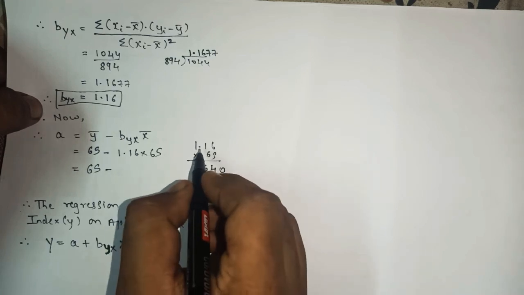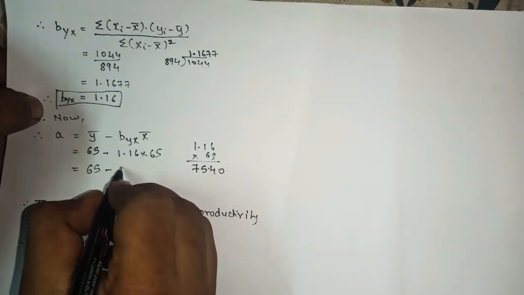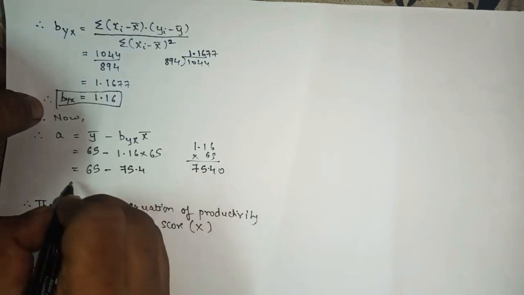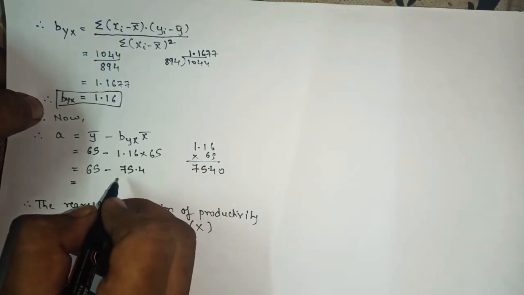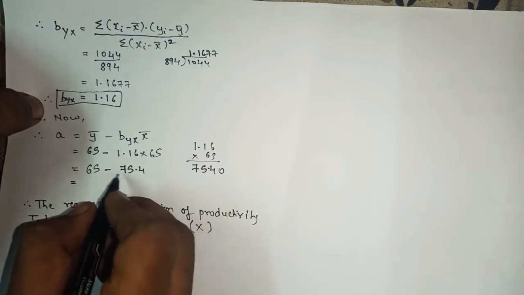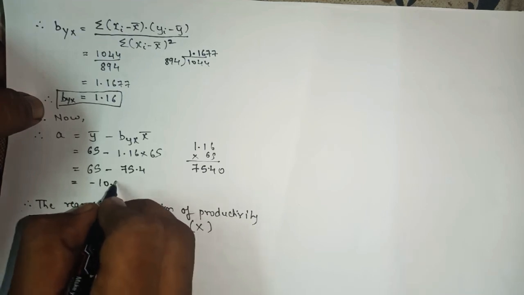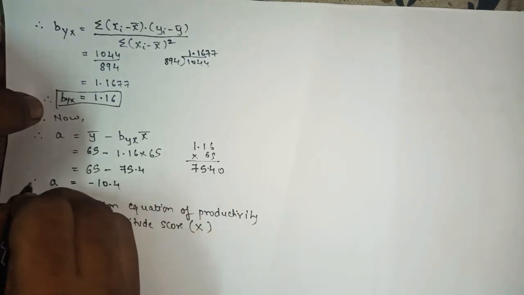Yes or no? As here we have two decimals, the answer will be 75.40, so we can write it as 75.4 also. Okay, so when you solve 65 minus 75.4, you will get minus 10.4. So here we got the value of a also.